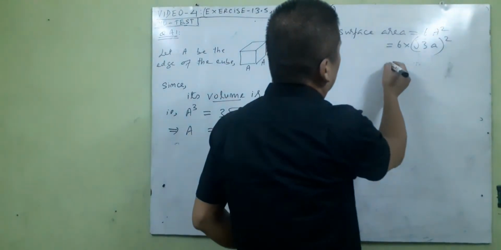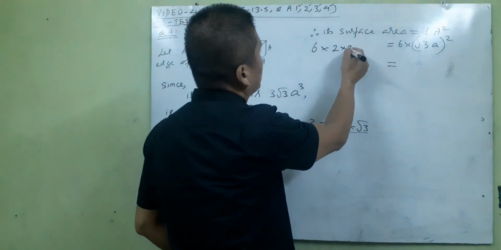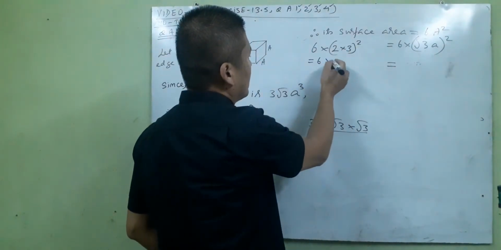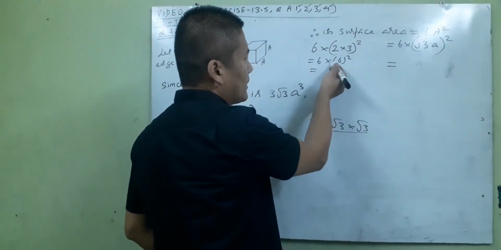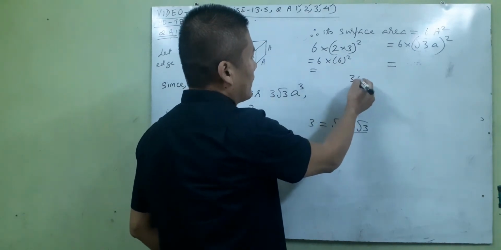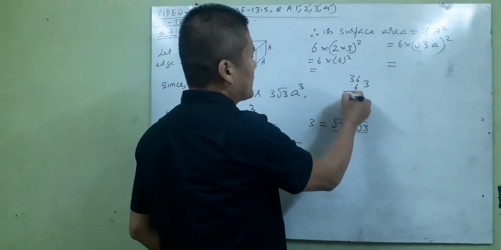Now let me show this one. 6 into 2 into 3 whole square is different. This is equal to 6 into 6 square, so that is like that. 6 6s are 36. 36 into 6, like that it will go. So 36 into 6 is 216, which is the answer.